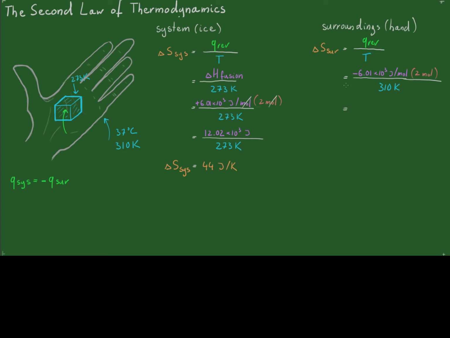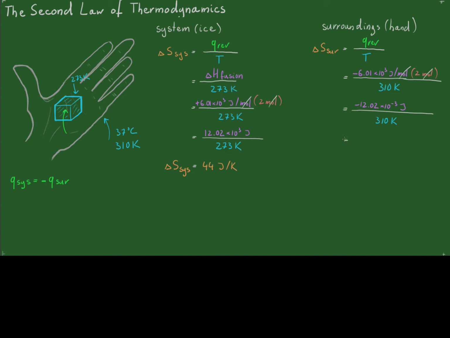And we calculate that out. So now we have minus 12.02 times 10 to the power of 3 joules, because the moles will cancel, over 310 Kelvin.